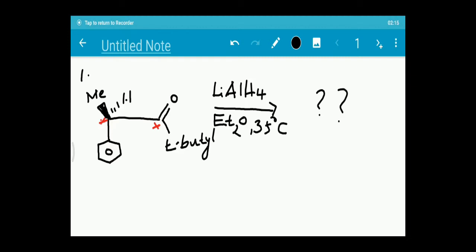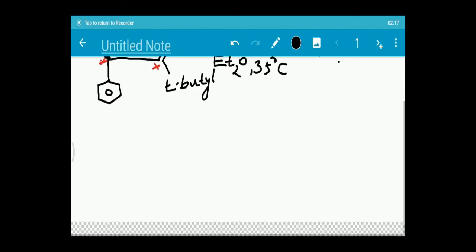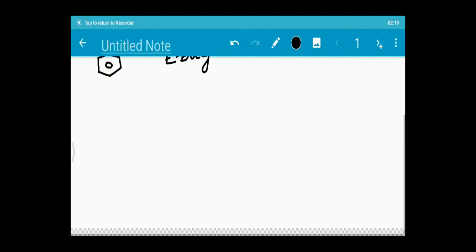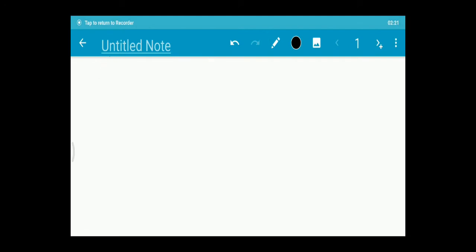So what is the product? The first thing we need to remember is to draw our structure or the conformation according to Cram's rule.